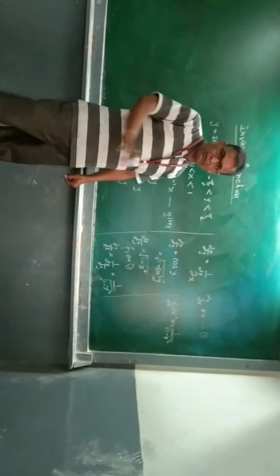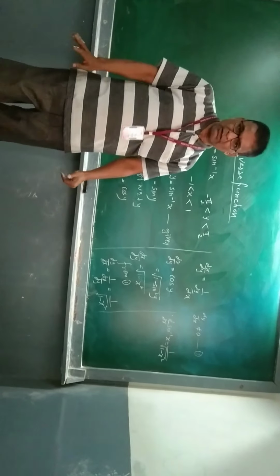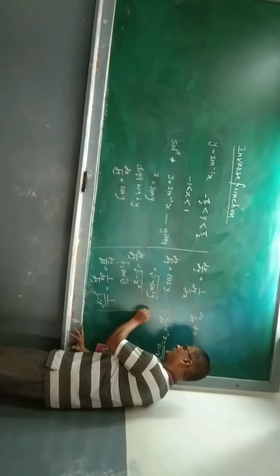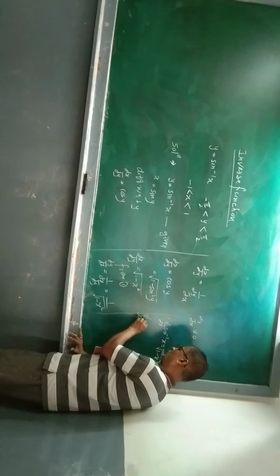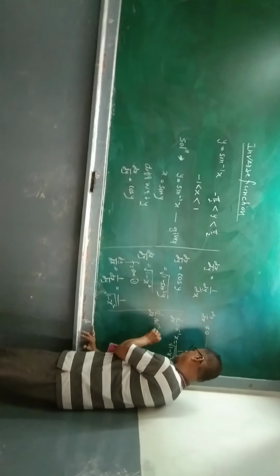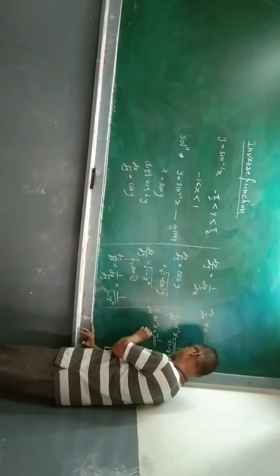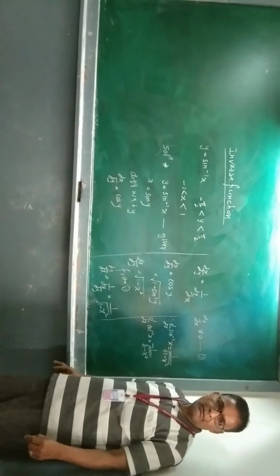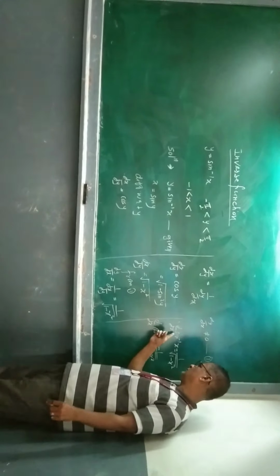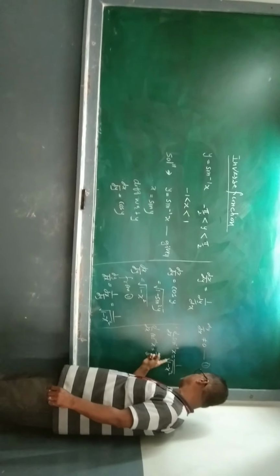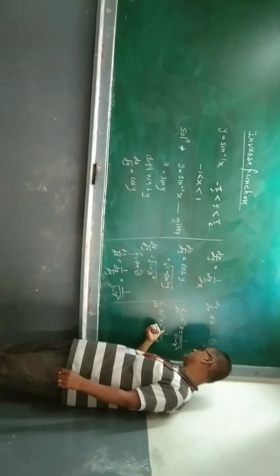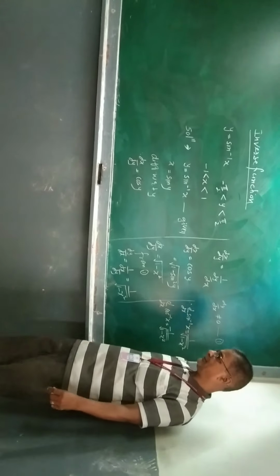So in this way we have to study sin inverse of x and cos inverse of x. Very important point I will tell here: derivative of sin inverse of x is 1 upon under root of 1 minus x square, and derivative of cos inverse of x is equal to minus 1 upon under root of 1 minus x square.